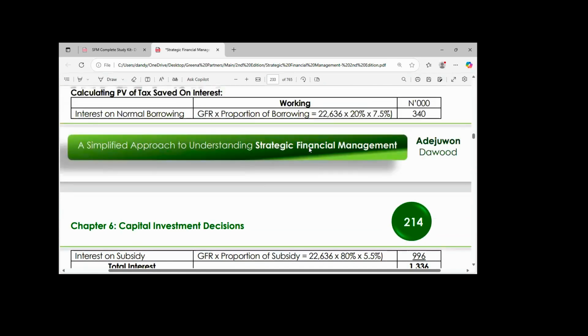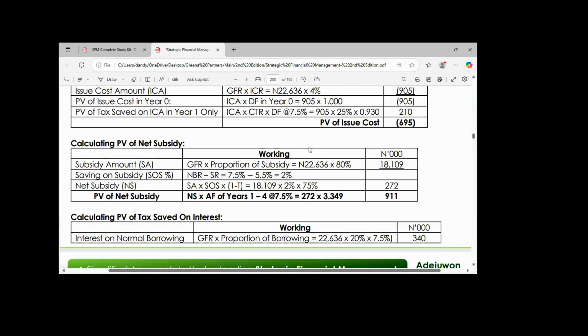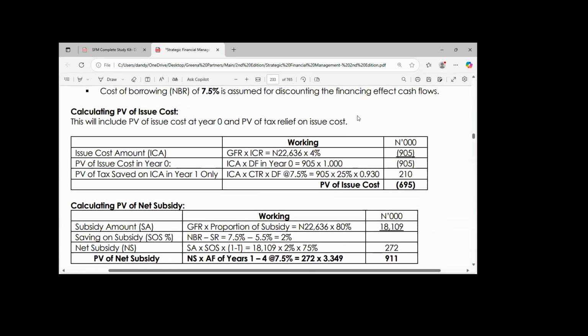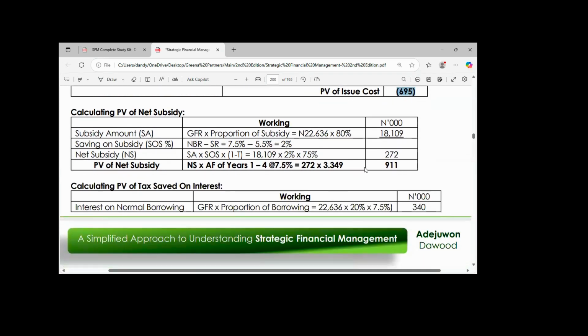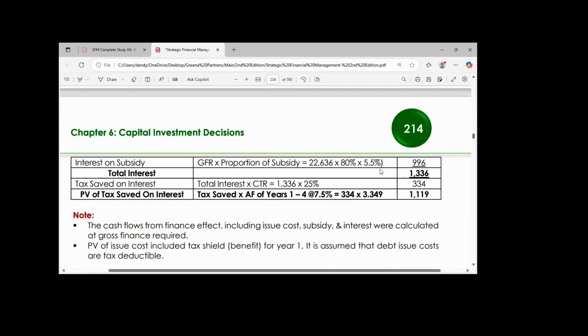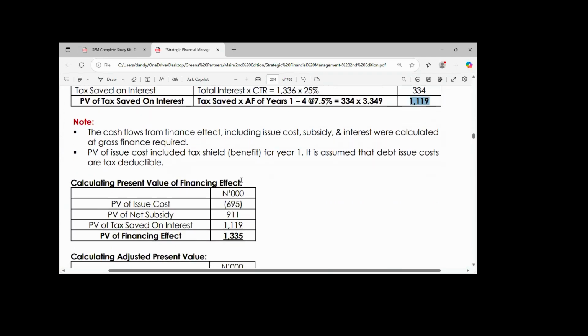Now, we have calculated for the financing effect cash flow. We have calculated PV of issue cost to be minus 695, PV of net subsidy to be 911, PV of tax saved on interest to be 1,119. The next thing we want to do is to calculate the PV of financing effect.